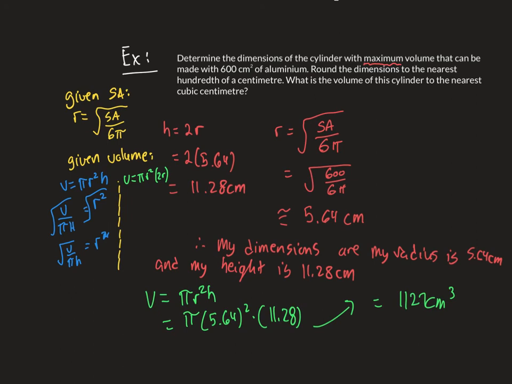So if we do the same process here, you're going to get v is equal to 2 pi r cubed. So you're going to have v divided by 2 pi is equal to r cubed. So therefore, let's finish this over here, r would equal the cube root of volume over 2 pi. That way, you're only really relying on your radius and not having to rely on having both your height and your radius.